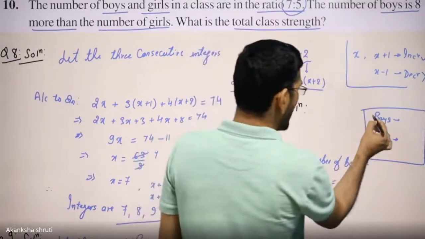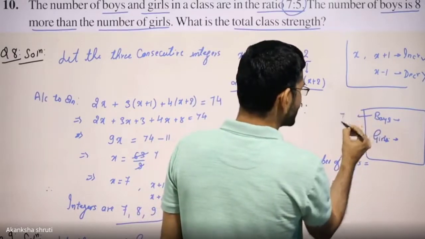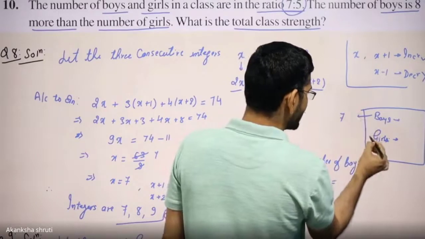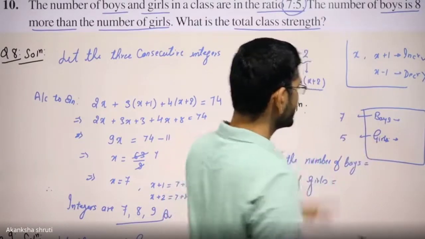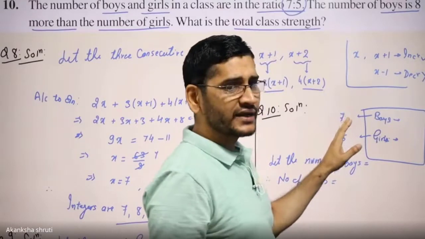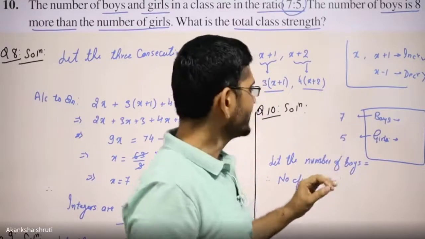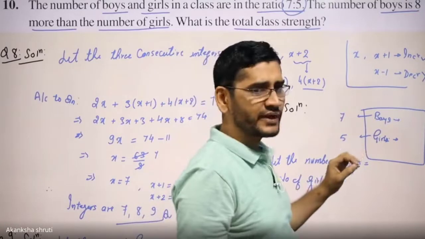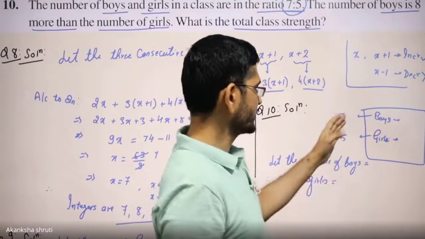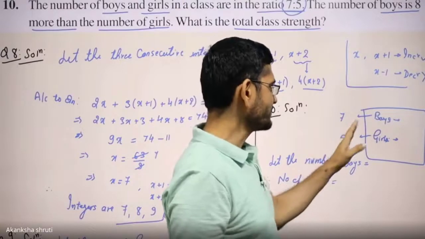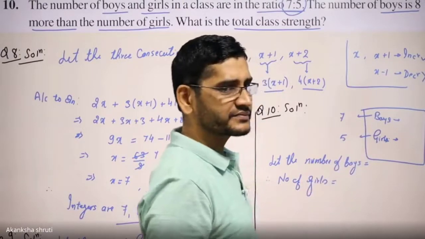Means boys are always in multiple of this 7 and girls are in multiple of this 5. Like the boys can be 35, then girls will be 25. Because 7 times 5 is 35 and 5 times 5 is 25.